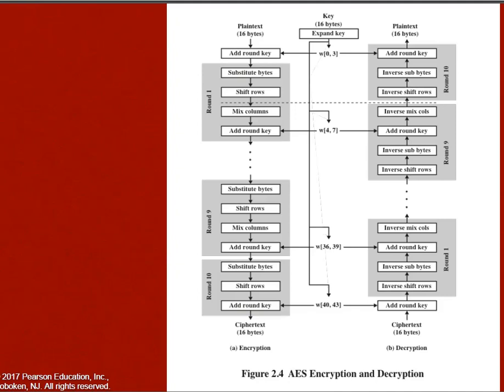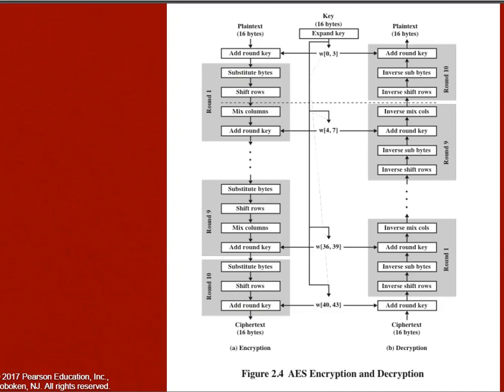Okay. So the mix columns is a substitution that alters each byte in a column as a function of all of the bytes in the column. And finally, in the 4th stage, we have the add round key, which is a simple bitwise exclusive OR of the current block with a portion of the expanded key.